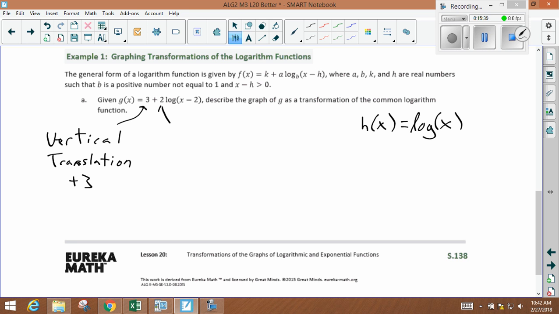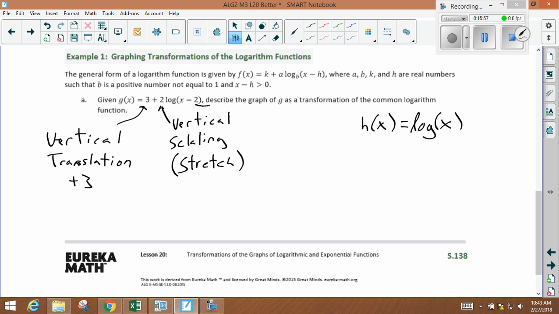This 2 is going to be a vertical scaling. It's going to look like you stretched it vertically.